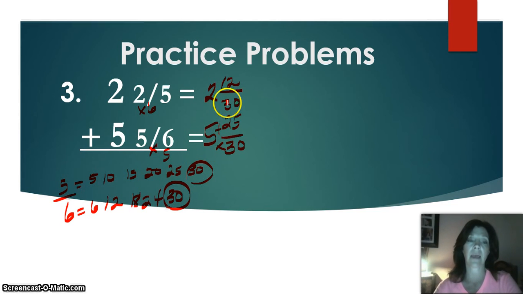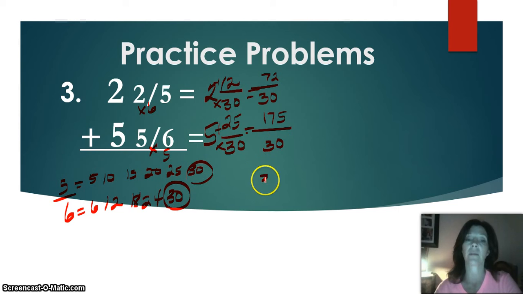Multiply and add. Multiply and add. So, 30 times 2 is 60, plus your 12 is 72 over 30. On the bottom here, 30 times 5 is 150, plus 25 is 175 over 30 because your denominator stays the same.